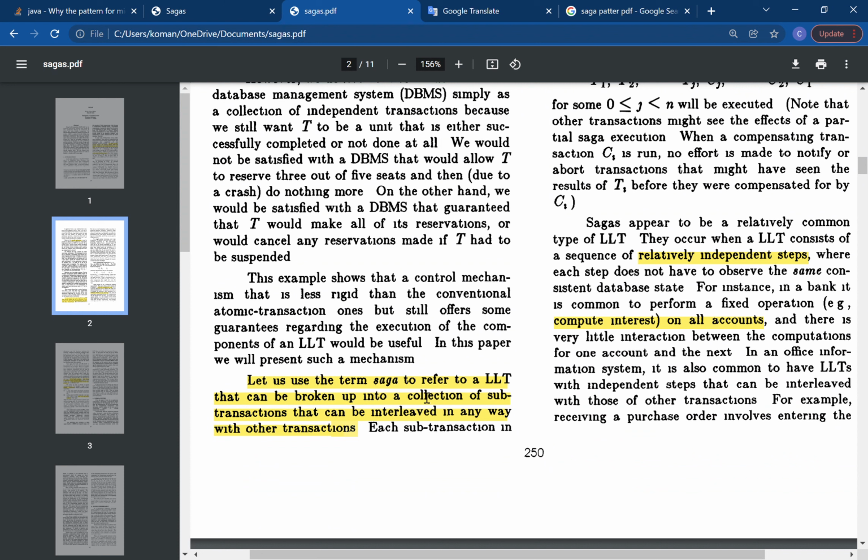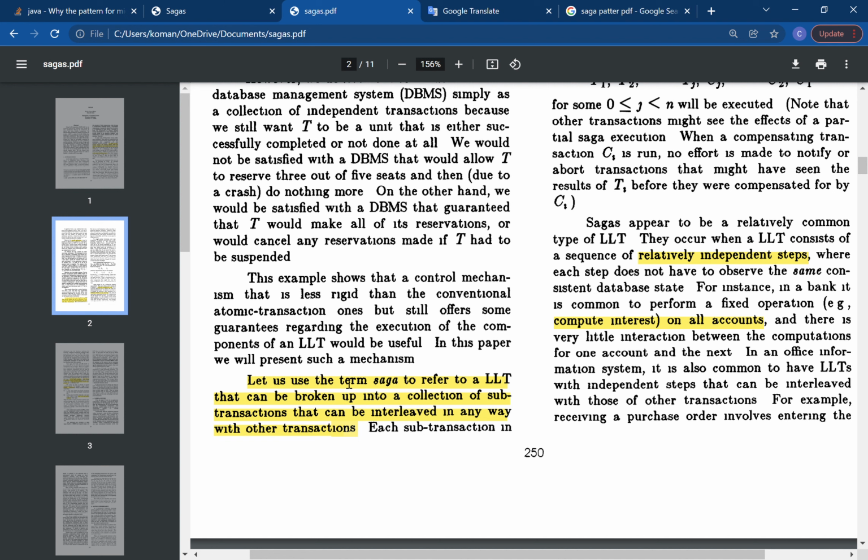Okay, let's repeat one more time. The saga pattern suggests you split your actions inside the database into a set of smaller actions to avoid multiple locking of objects.